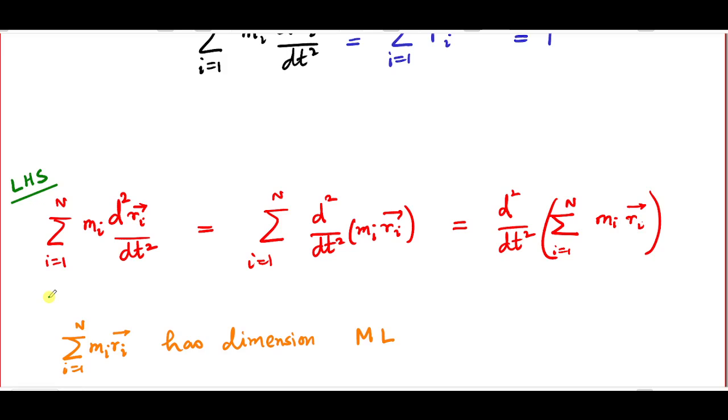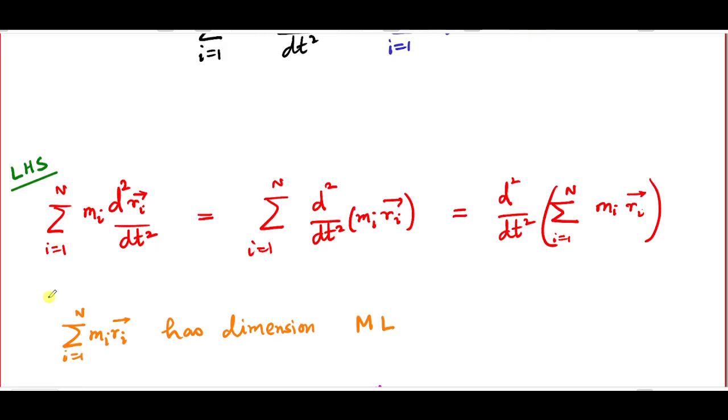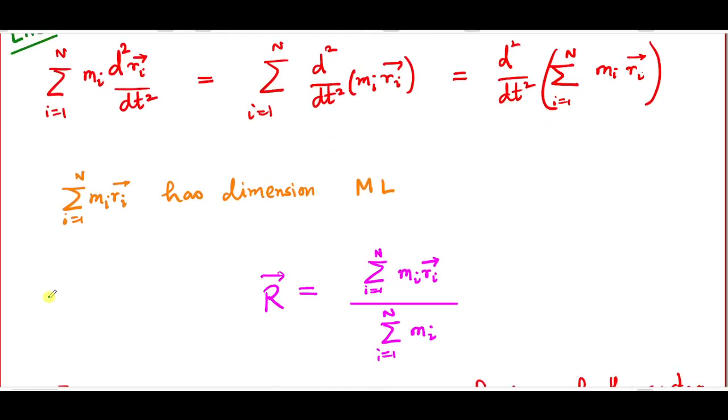Now the only mass that you can really think about naturally here is the total mass of all the particles in the system. So if you divide this sigma m_i r_i, the sum of all the m r contributions, by the sum of all the masses, you do get a vector.